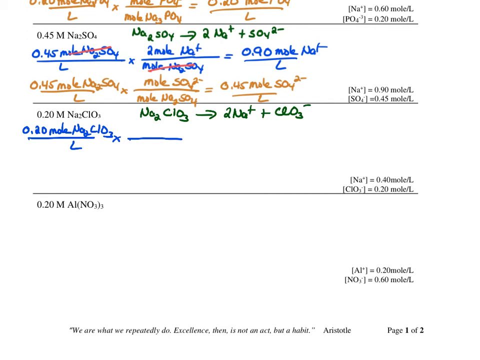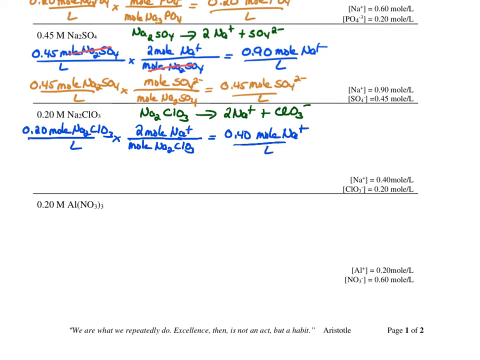And we're going to use our mole-to-mole factor. Every mole of our solute is going to release 2 moles of sodium ion. So we see a 0.40 mole of sodium ion per liter.